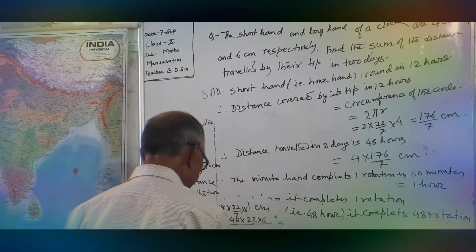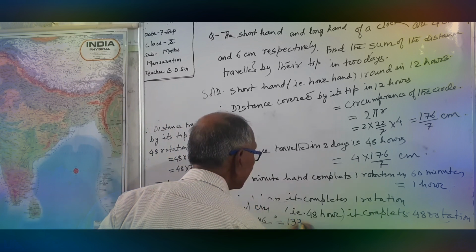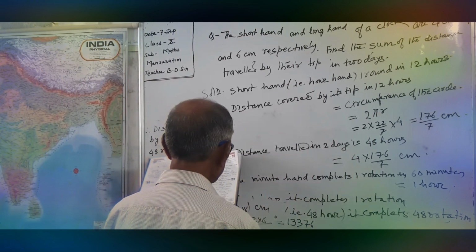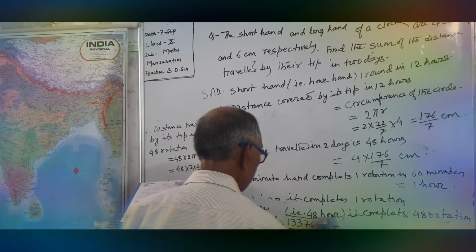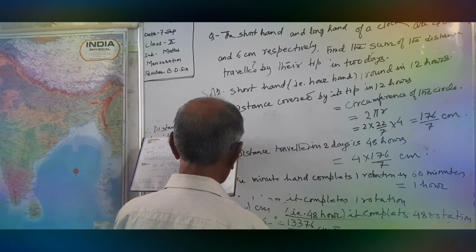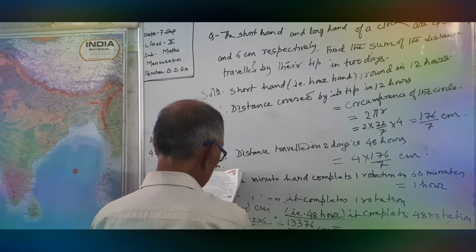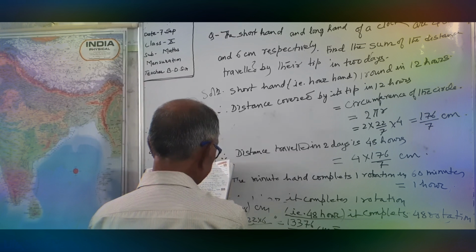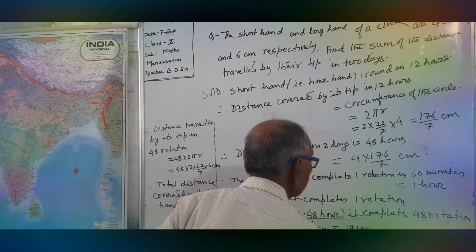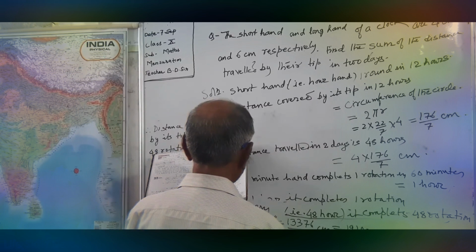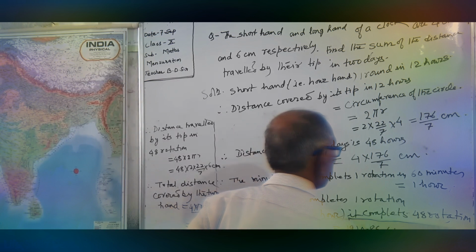After multiplying and adding, we shall find 13376 by 7 centimeter, which is equal to 1910.86 centimeter. This will be your answer.